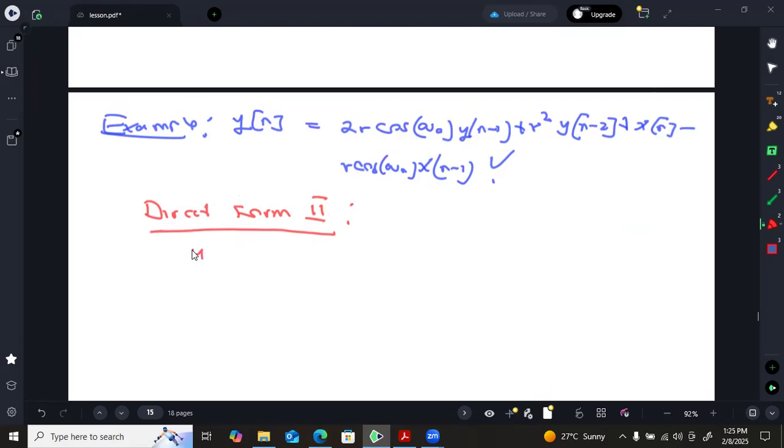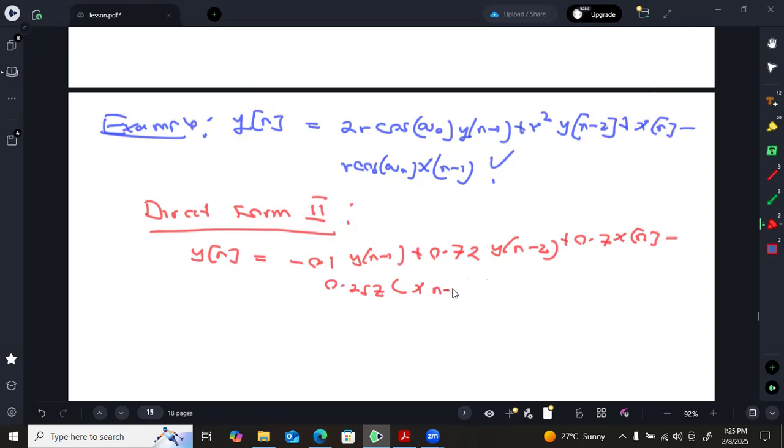I have y of n equal to minus 0.1 y of n minus 1 plus 0.72 y of n minus 2 plus 0.7 x of n minus 0.252 x of n minus 2.